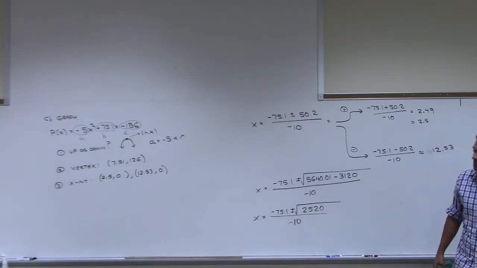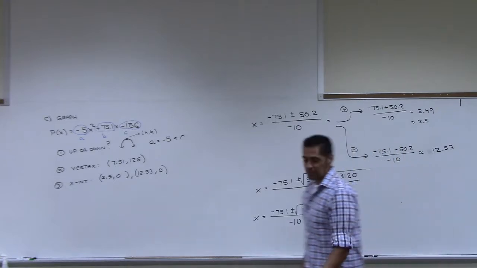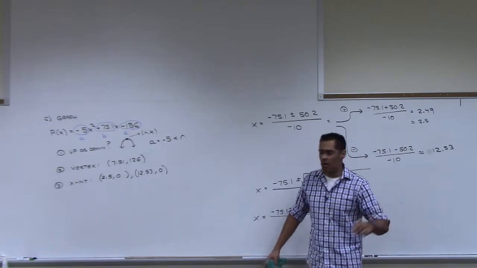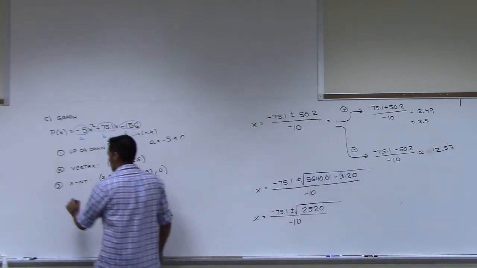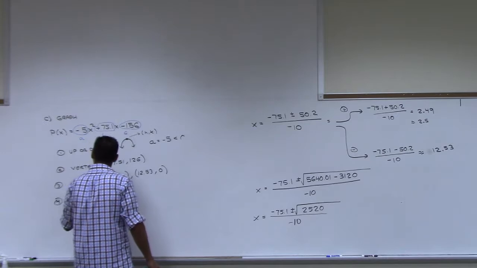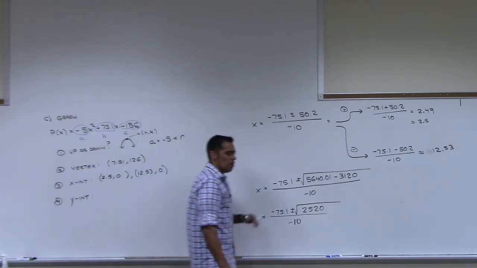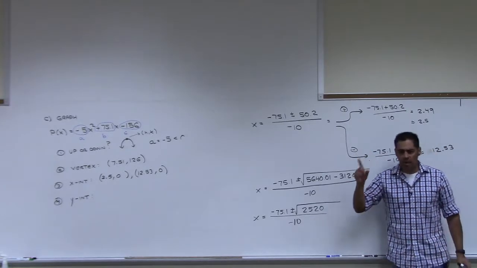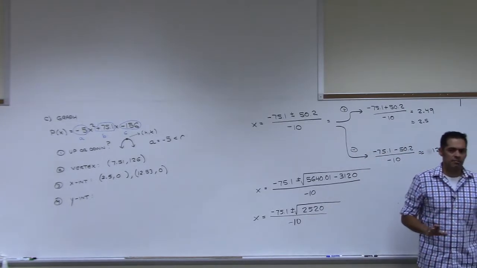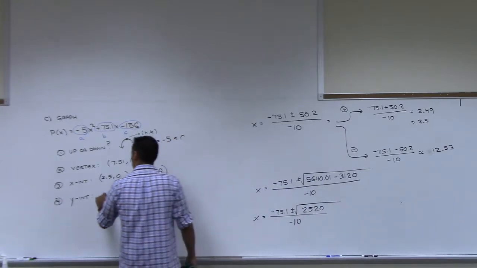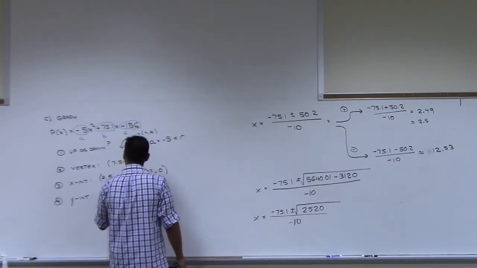What's the fourth step? Not yet. Now your y-intercept. So we should have one y-intercept. I don't think I mentioned this in class last time. For every parabola that opens up or down, you will have one y-intercept guaranteed. All right? So to get this, what we do is we plug 0 into the function.